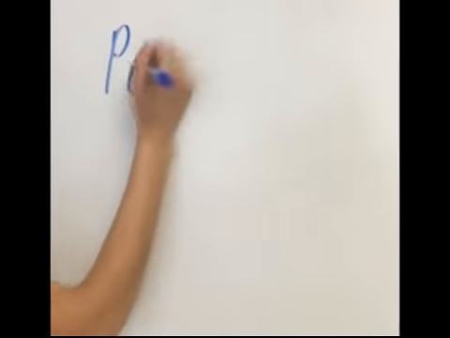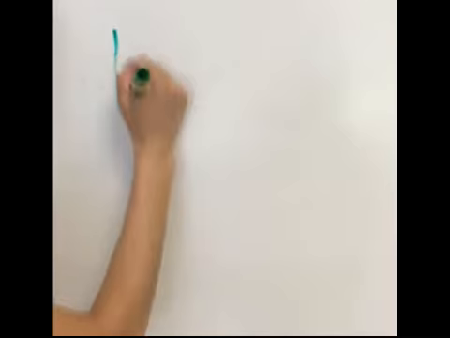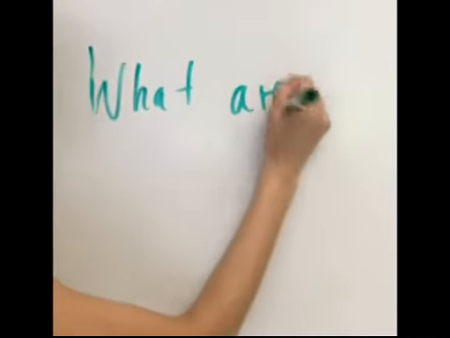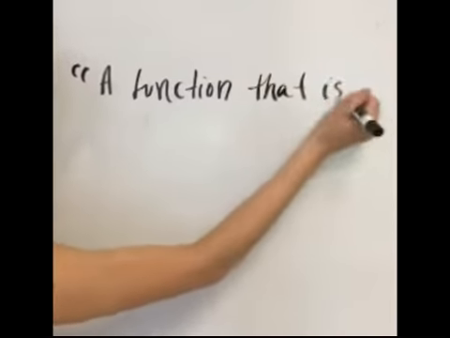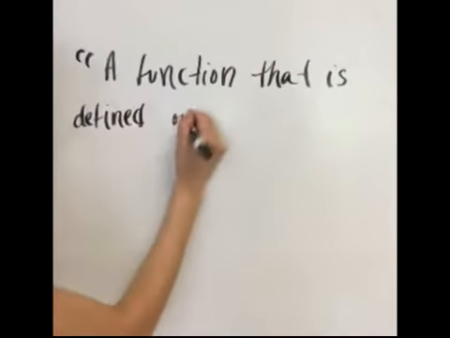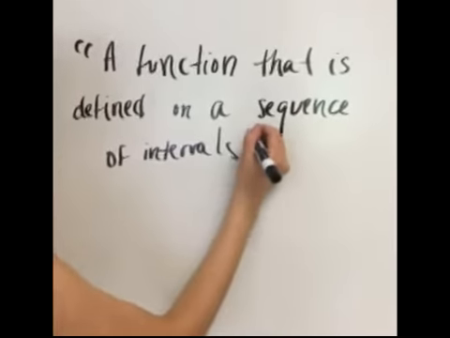So today we're going to talk about piecewise functions. Most online definitions you find will probably be along the lines of a function that is defined on a sequence of intervals.